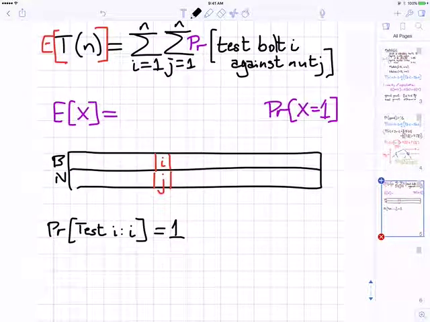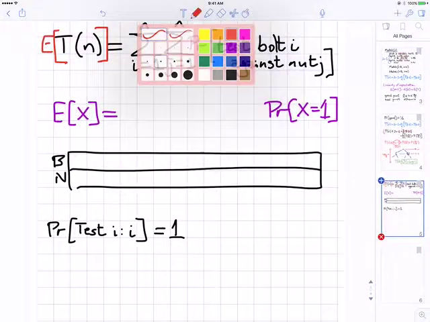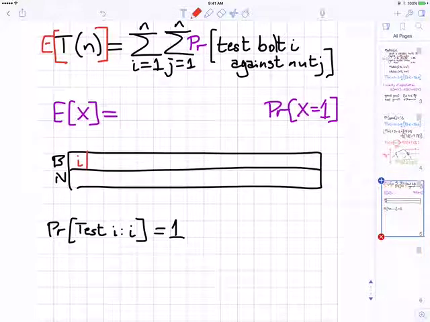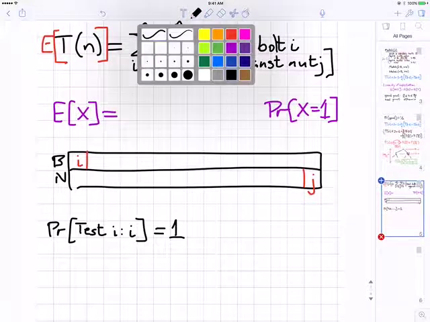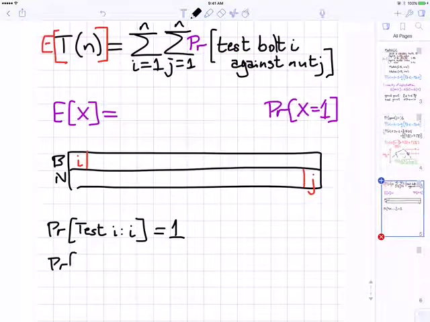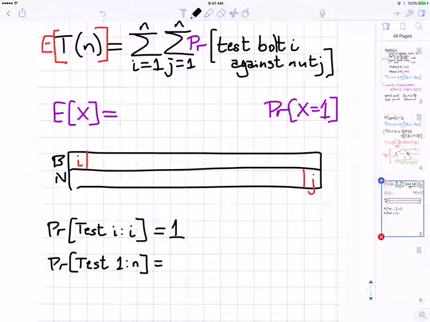All right. Let me think of another interesting case here. Let's suppose that I is equal to 1 and J is equal to n. Okay. What is the probability that I'm going to compare the smallest bolt to the largest nut?